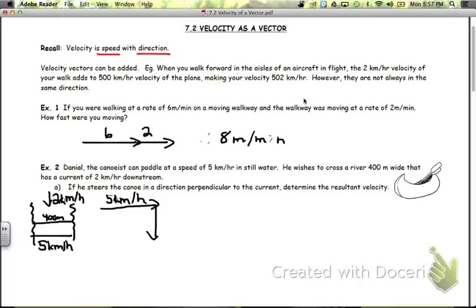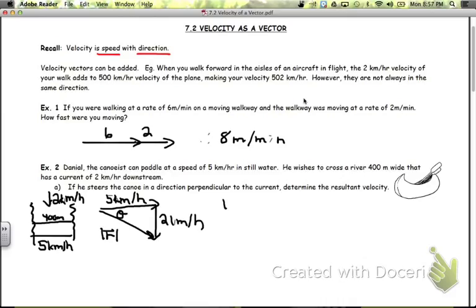Remember, when we're adding, we do it from tail to tip. And this is our 2 kilometers per hour. Now the question's asking, determine the resultant vector. So this here is our resultant vector, we'll just call that r. And this will be our angle theta.